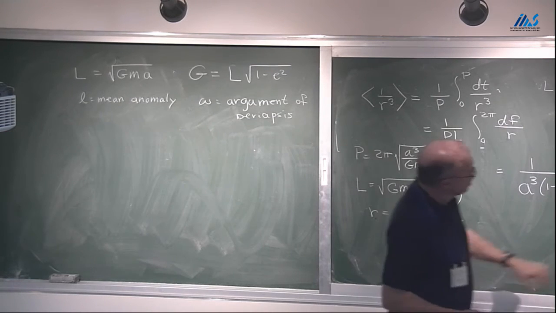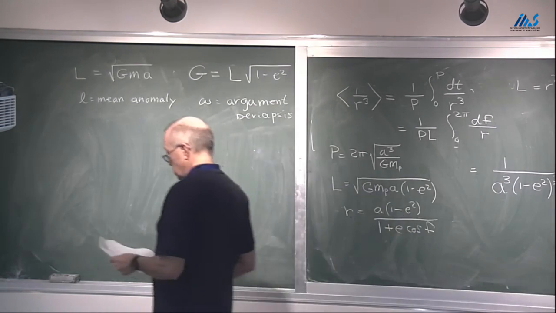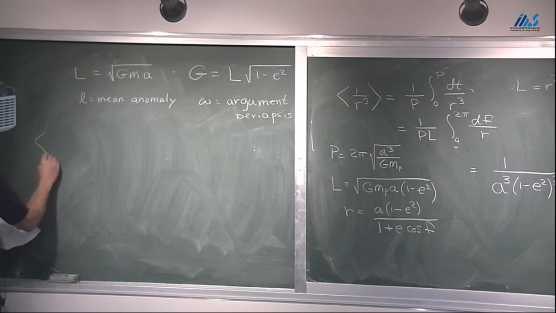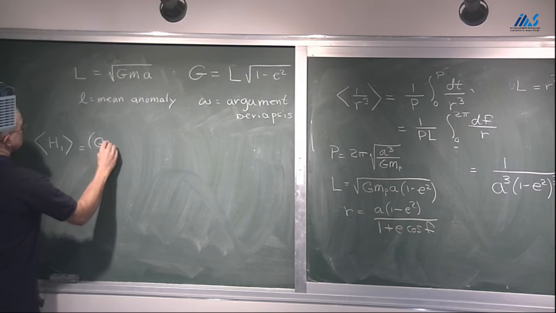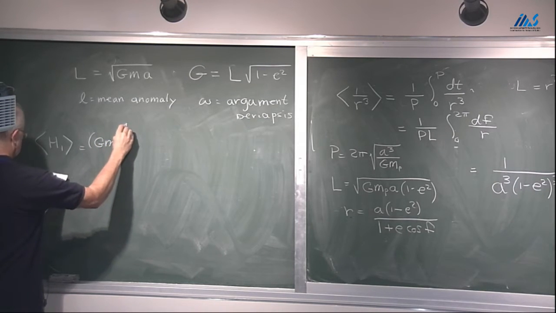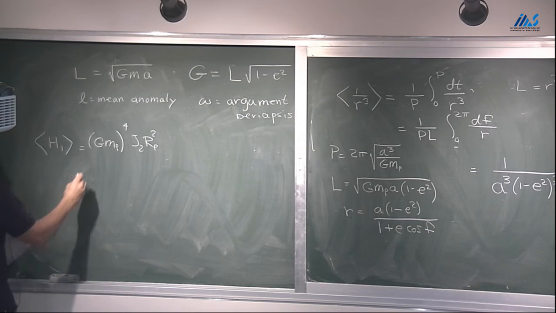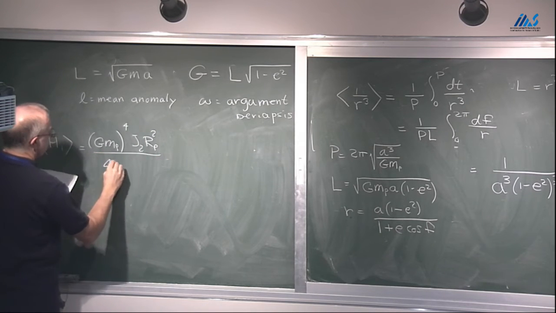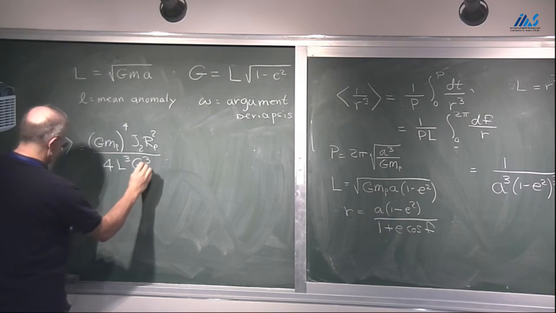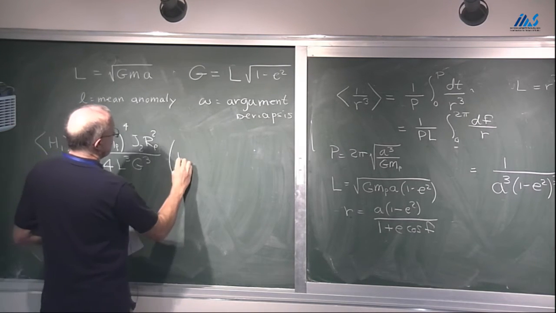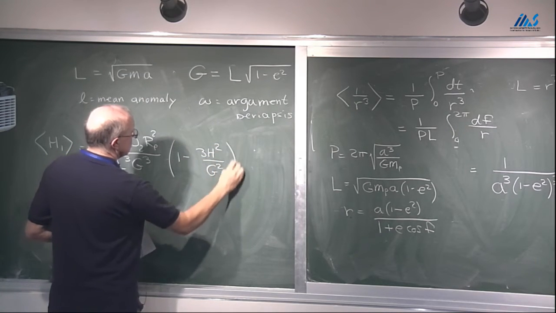And it's easy to convert this, and you get that the secular Hamiltonian is G times the mass of the planet to the 4th, J2, radius of the planet squared, over 4 L cubed G cubed, times (1 minus 3h squared over G squared).